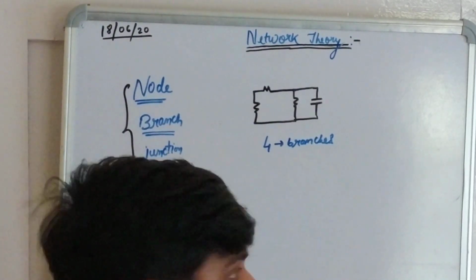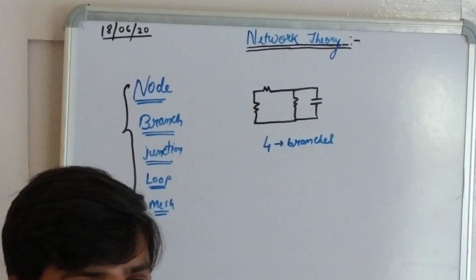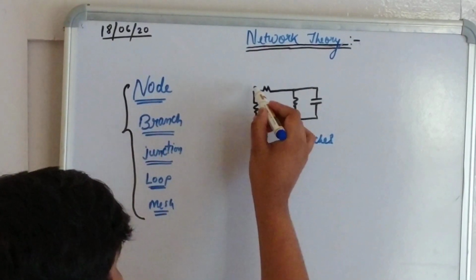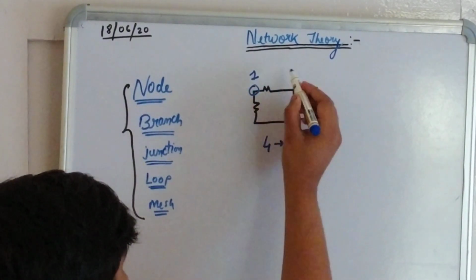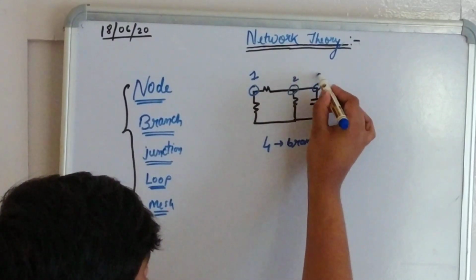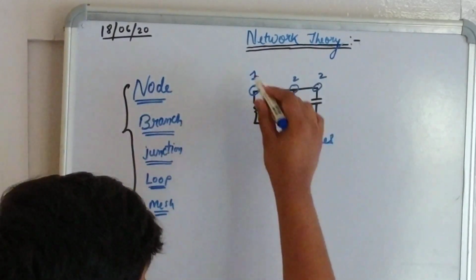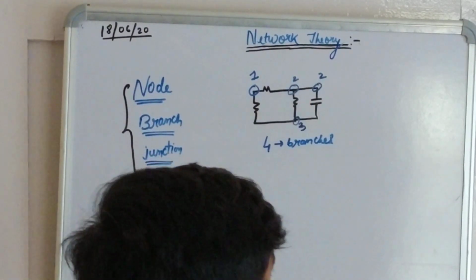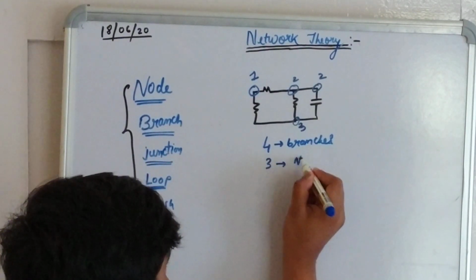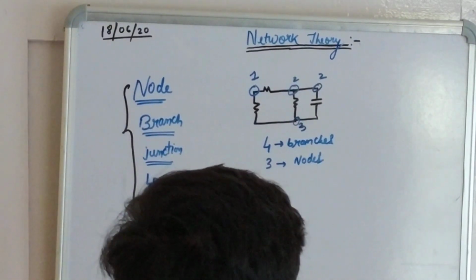As I said, a node is the meeting point of two or more than two branches. So this is node number 1, this is node number 2, and as this is shorted, this is also the similar node, that is 2, and this is node number 3. So 3 nodes.